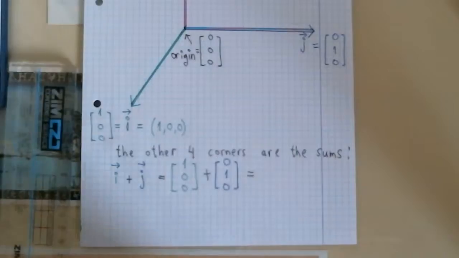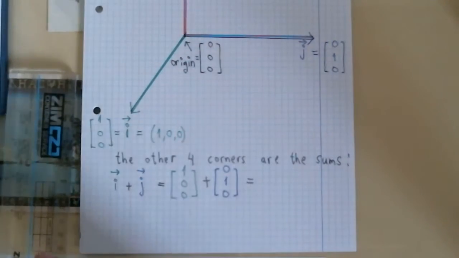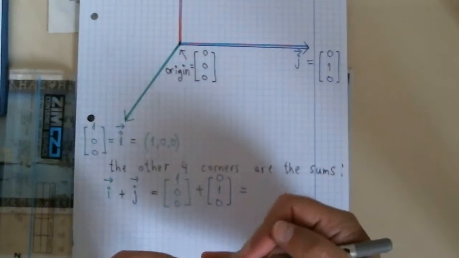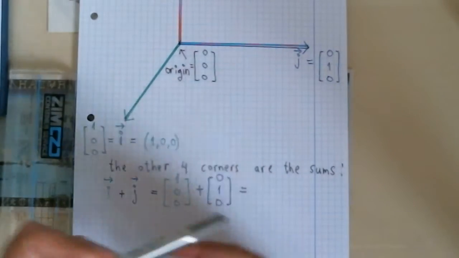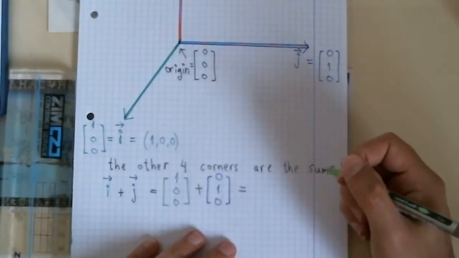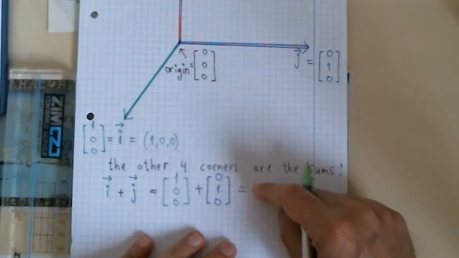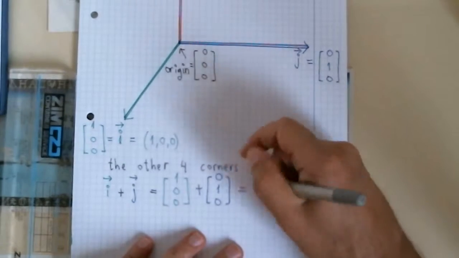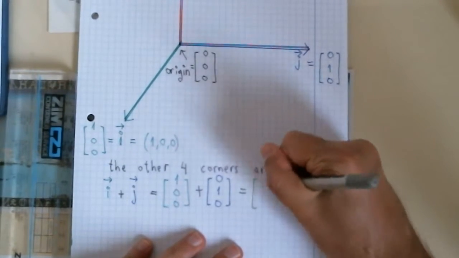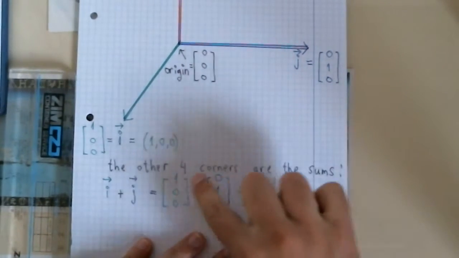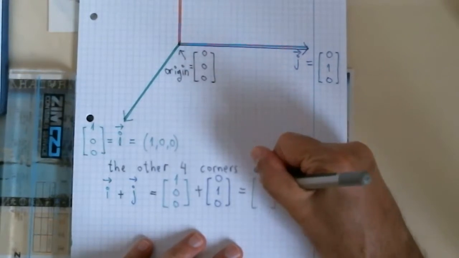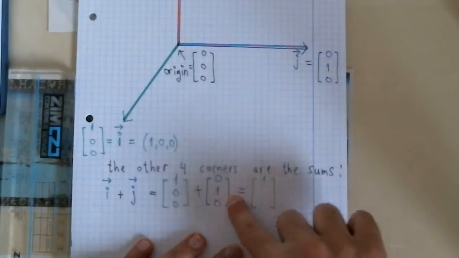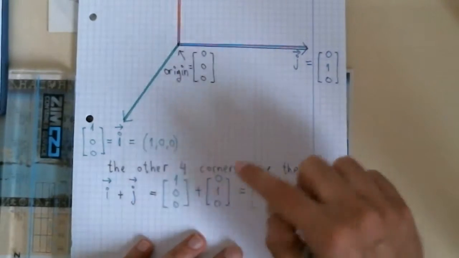Let's make it in light green. It would be 1, because the first component plus the first component is 1 plus 0, which is 1. The second component plus the second component is 0 plus 1, which is 1.